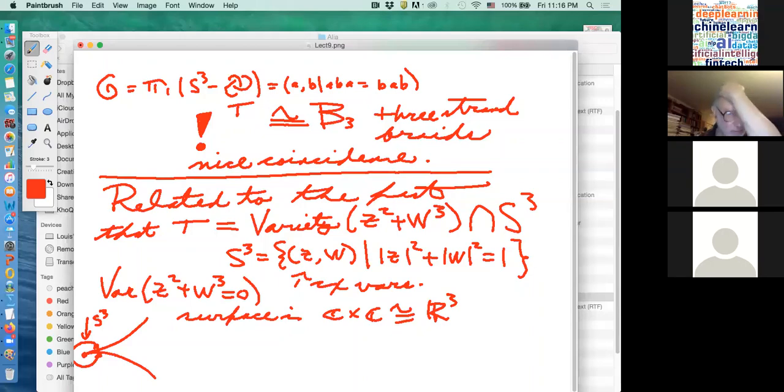The fact that this ends up being related to the three-strand braid group is related to the fact that there is an algebraic structure in back of the trefoil knot like that. And it's something that we can talk about at another point. But it is intriguing, and it shows you that you have a picture of this group. It's hard to get a picture of this group, loops going around the trefoil knot.